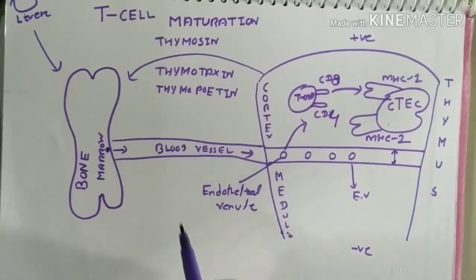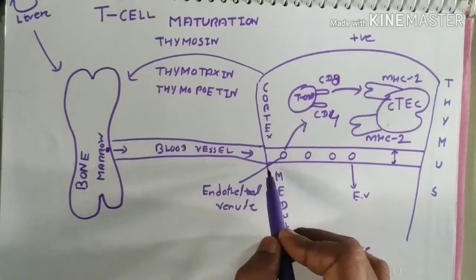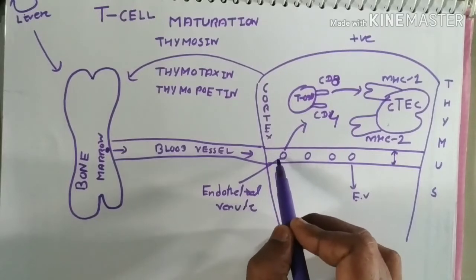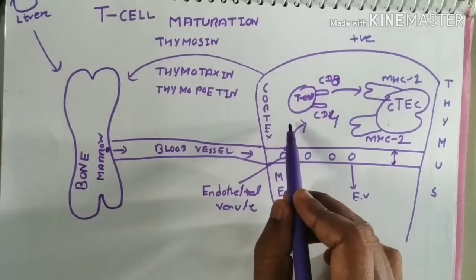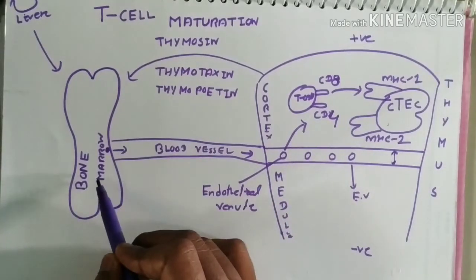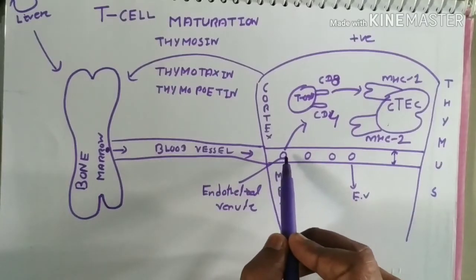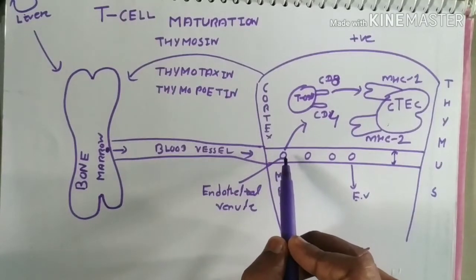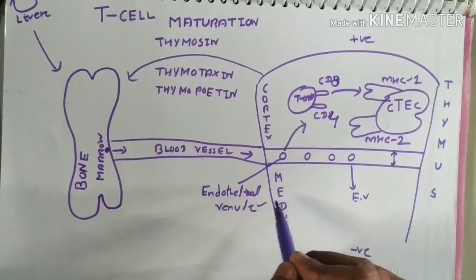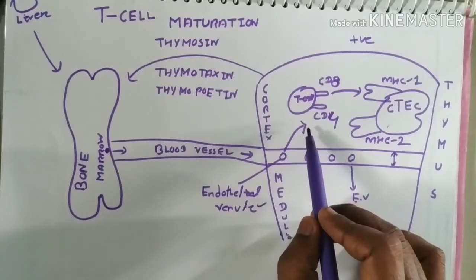So these T cells are released from the bone marrow into the blood vessel, and they pass through the endothelial venules to the cortical region of the thymus. What happens in the cortical region?